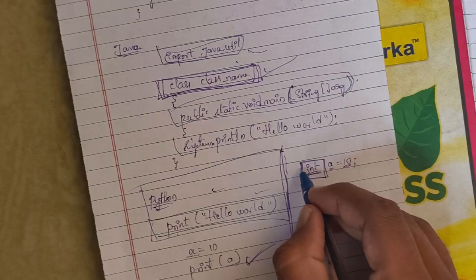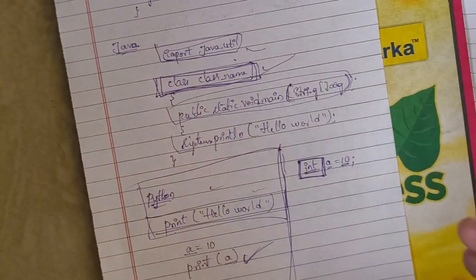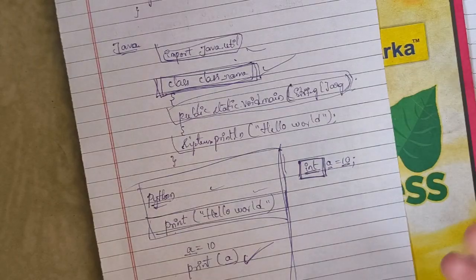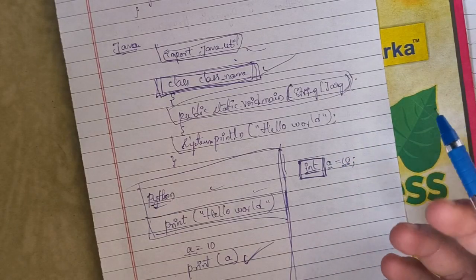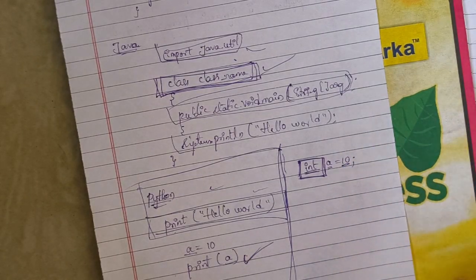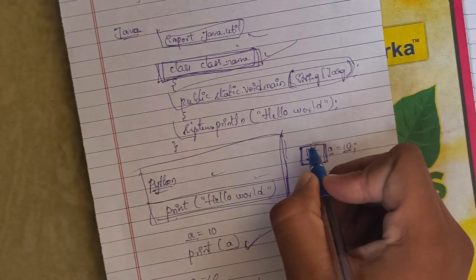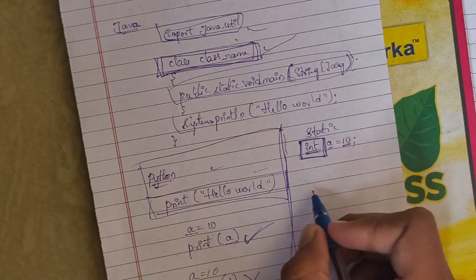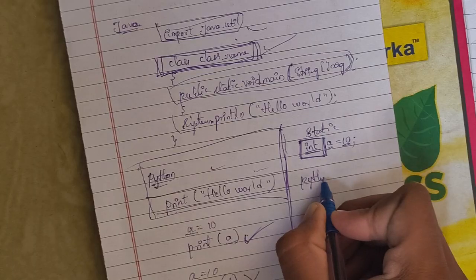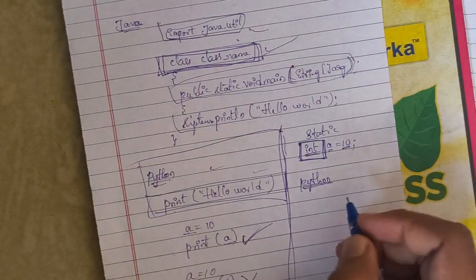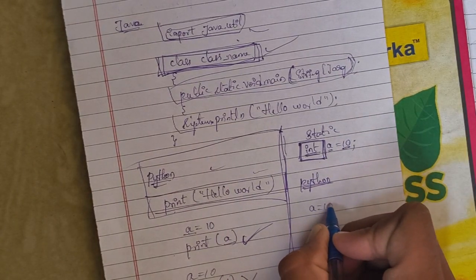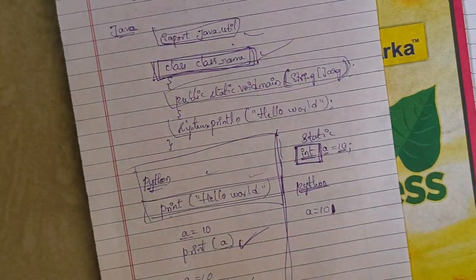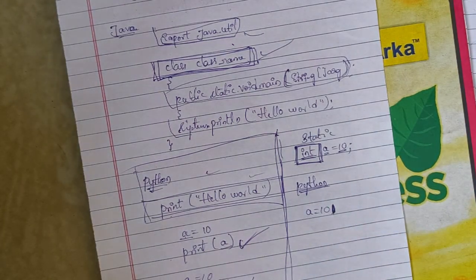This is static. Java is a static programming language. You heard it, Java is a static programming language. Now in Python, we just give a equals 10.